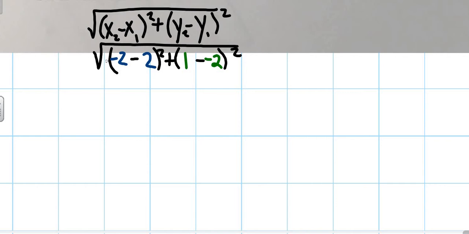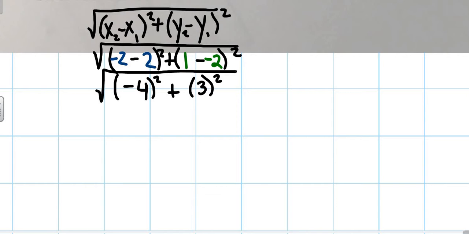We're going to do the math here. -2 minus 2 is -4 squared. 1 minus -2, double negative makes a positive. So that's 3 squared, and we're doing this under the square root sign.